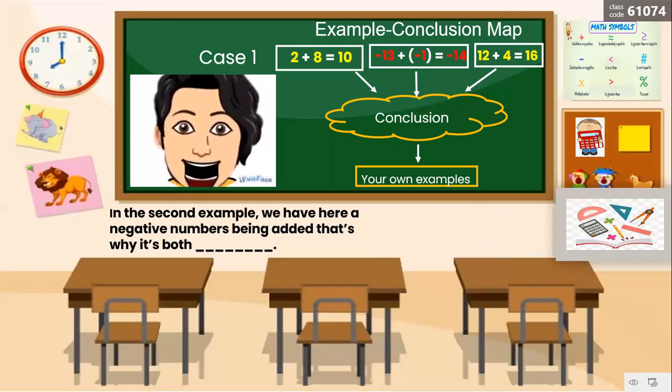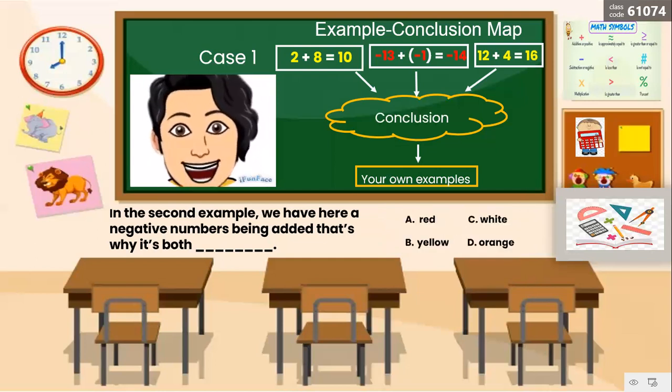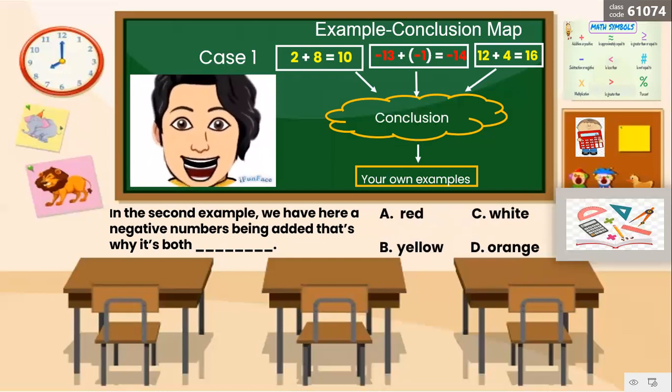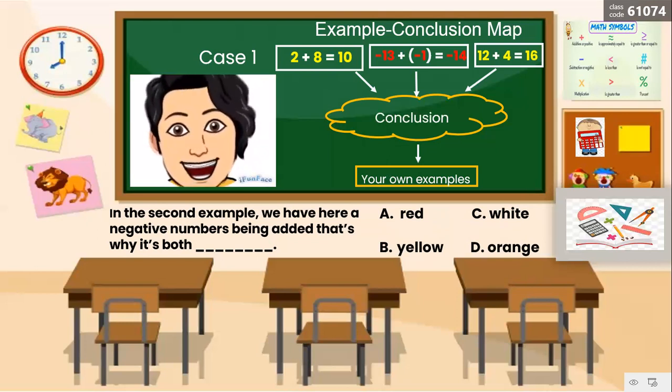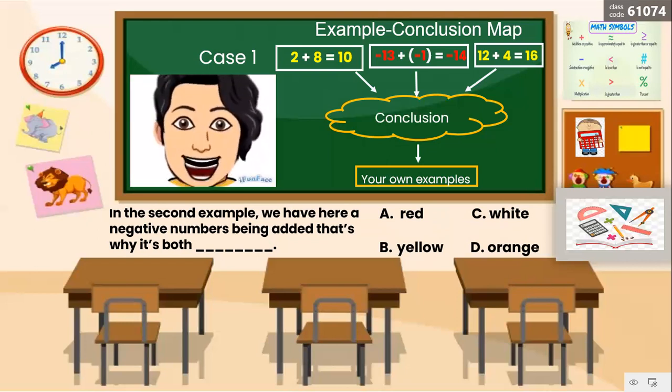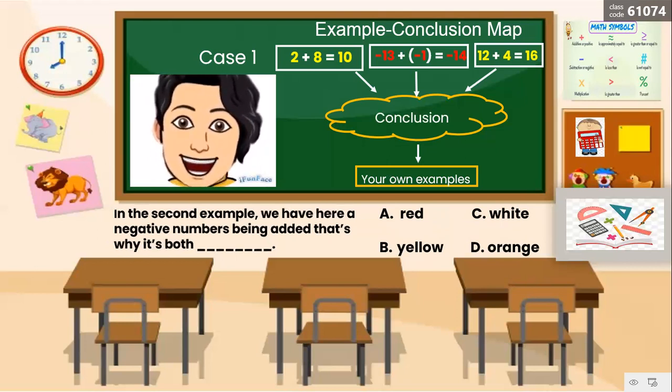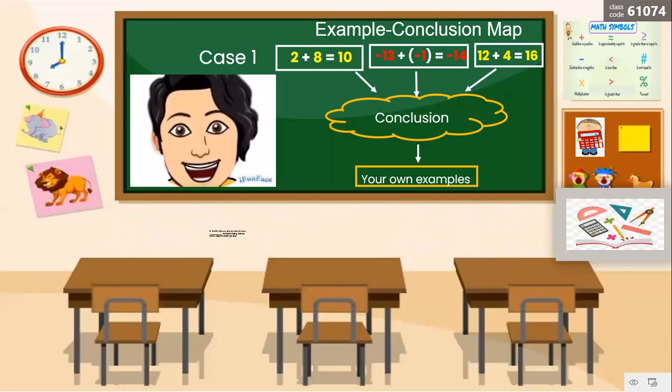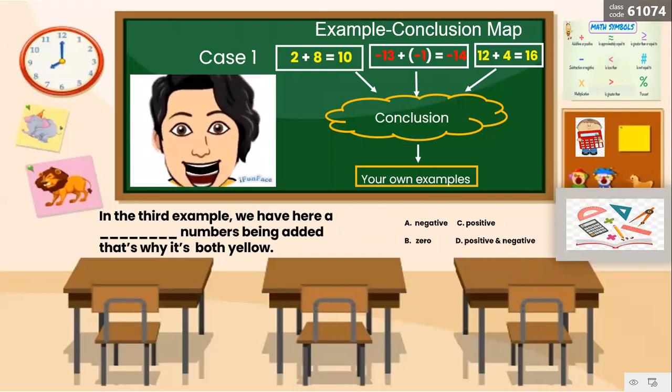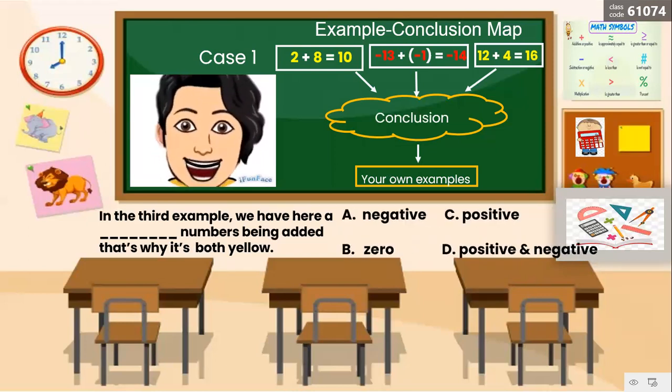In the second example, we have here a negative numbers being added. That's why it's both blank. What is the missing word? Is it red, yellow, white, or orange? Great answer. That is correct. Red. In the third example, we have here a blank numbers being added.